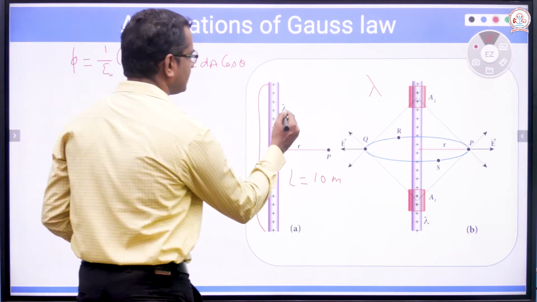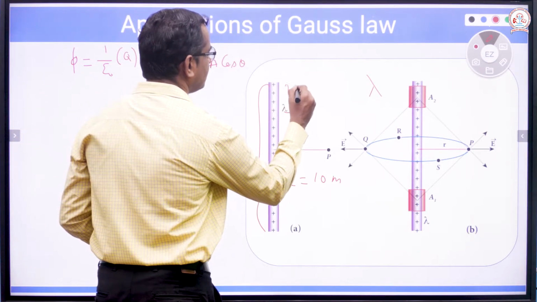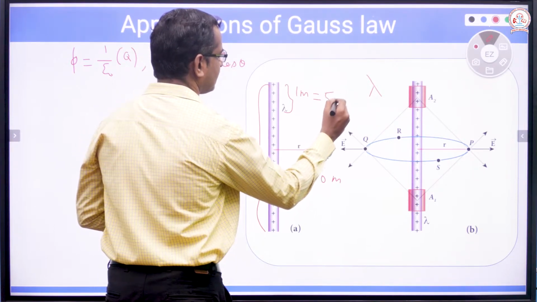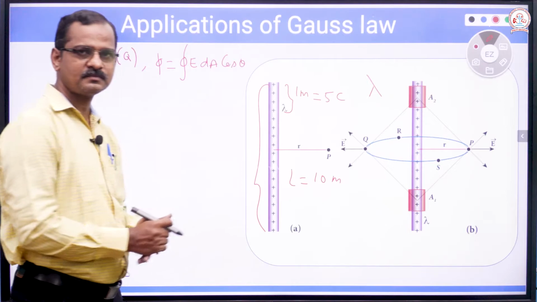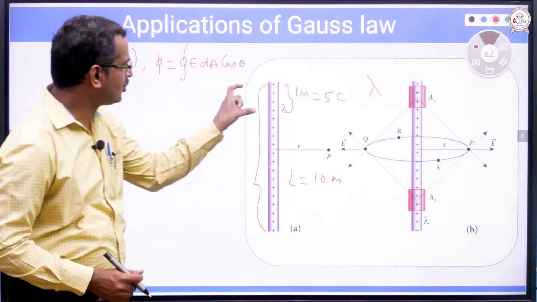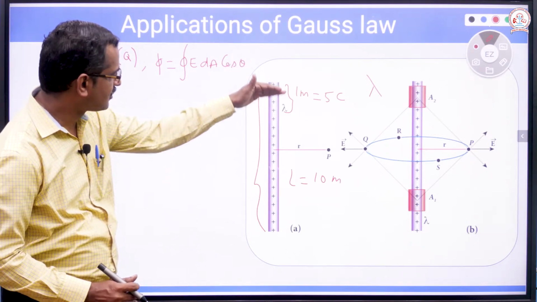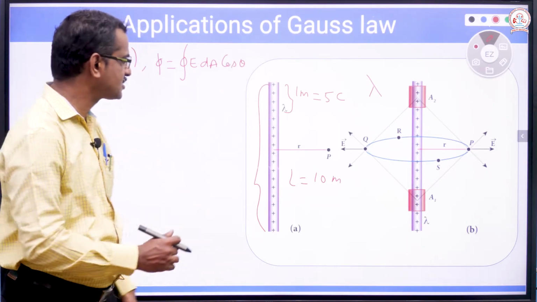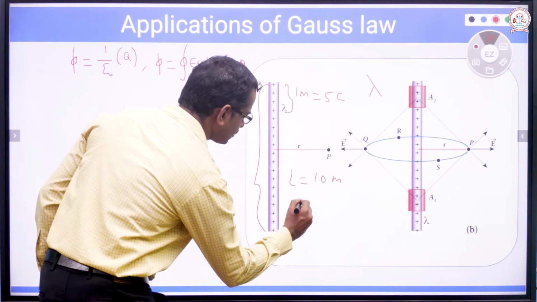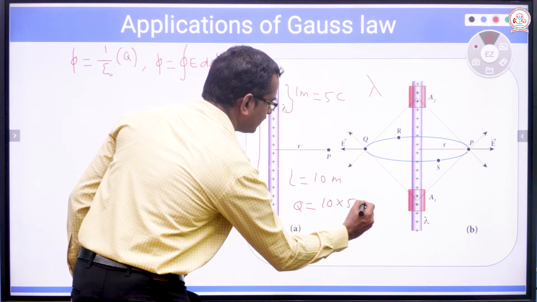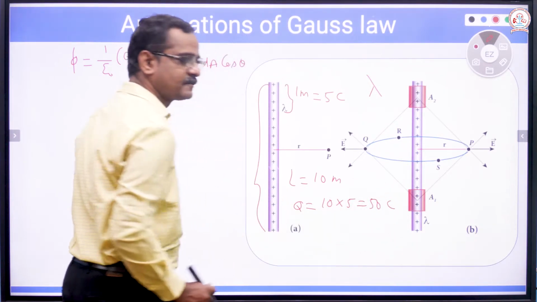Linear charge density means the charge per unit length. Imagine for 1 meter length it has 5 coulomb of charges. Then what will be the total charge? Total charge will be 10 into 5, that is 50 coulomb.